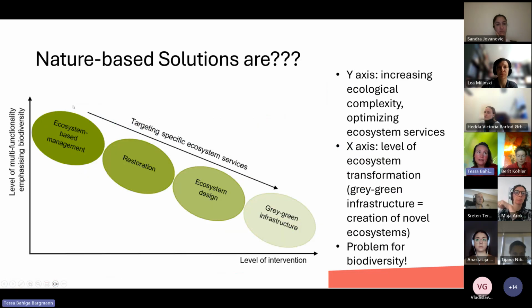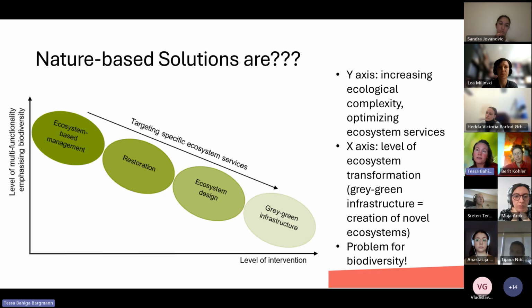And I find this figure helpful to think about what nature-based solutions are as well. On the y-axis, you're seeing the level of multifunctionality, and this is emphasizing biodiversity, but this multifunctionality is also related to ecological complexity and to ecosystem services in themselves.